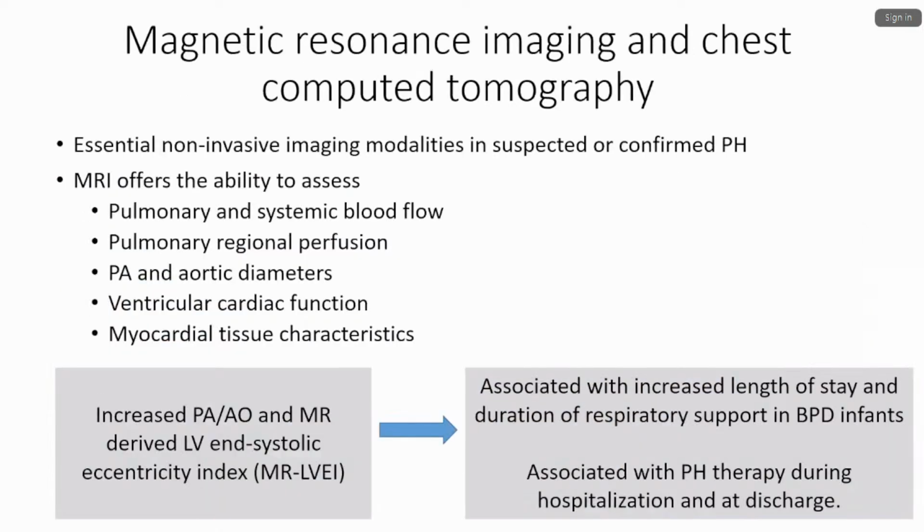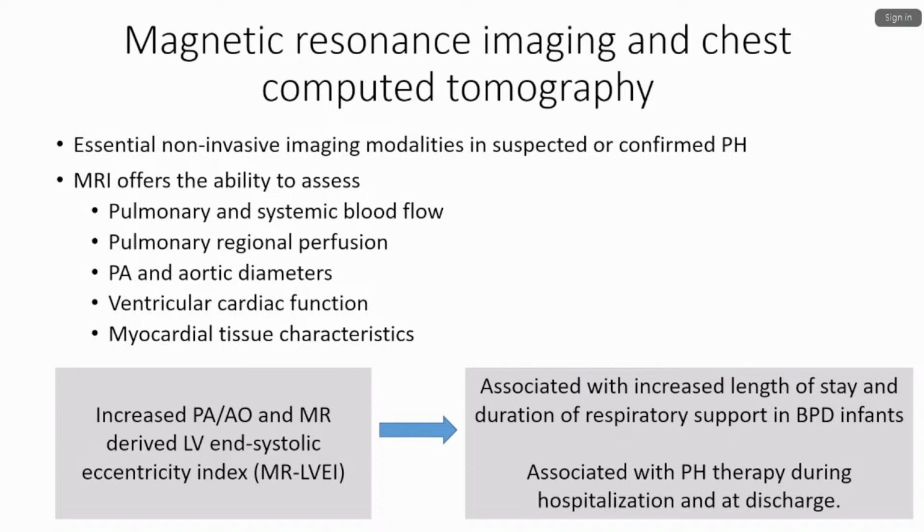Then role of MRI and CT. These are the essential non-invasive imaging modalities in suspected or confirmed pulmonary hypertension. The MRI offers ability to assess the pulmonary and systemic blood flow, pulmonary regional perfusion, pulmonary artery and aortic diameters, ventricular cardiac function, and myocardial tissue characteristics.